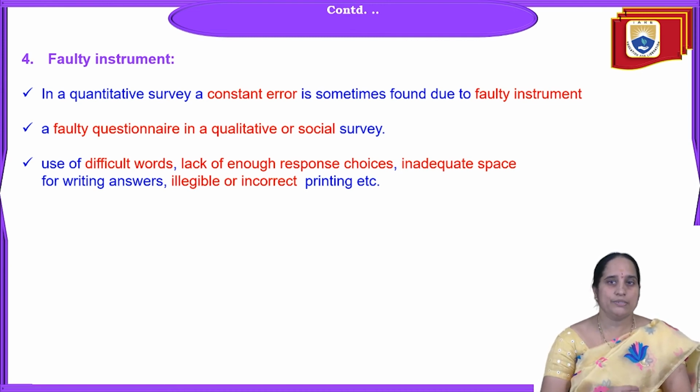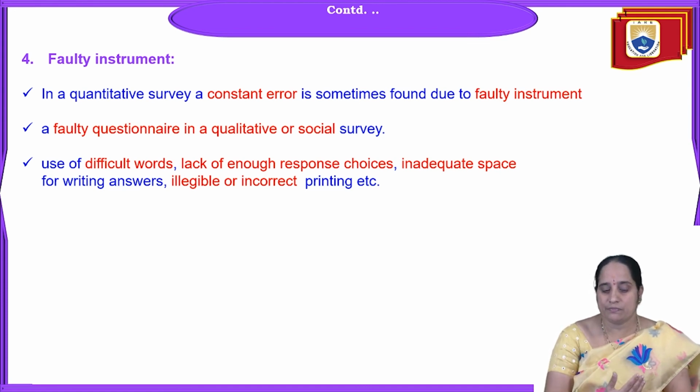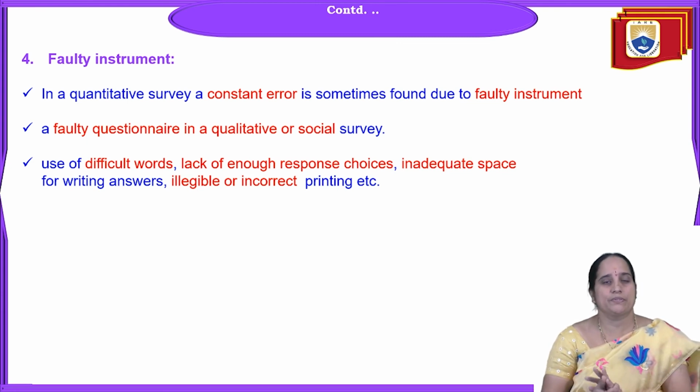Then there is a faulty questionnaire in a qualitative or social survey. This may be found in the case of social surveys. Social surveys are studies related to the behavior of people. For example, if you are going to measure customer satisfaction, people may use different types of words like difficult words, or there may be a lack of enough response choices.